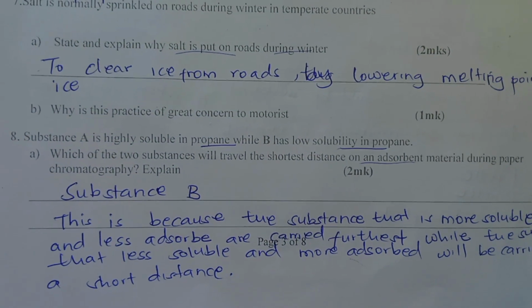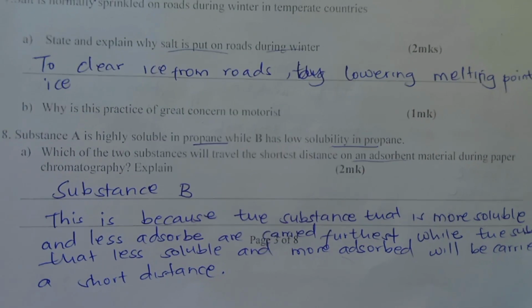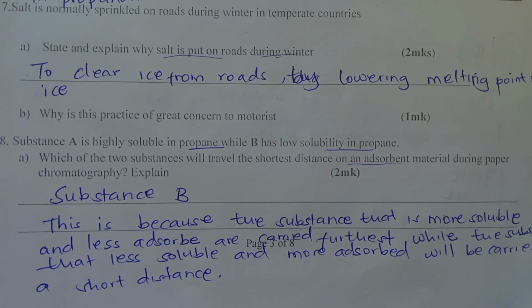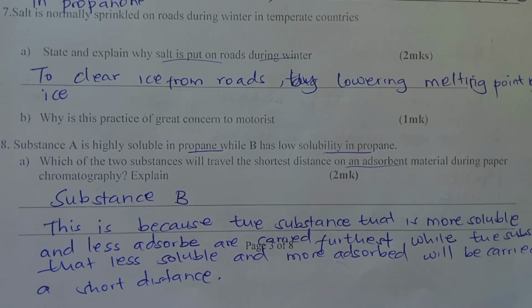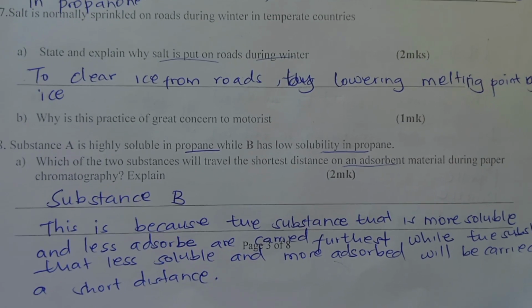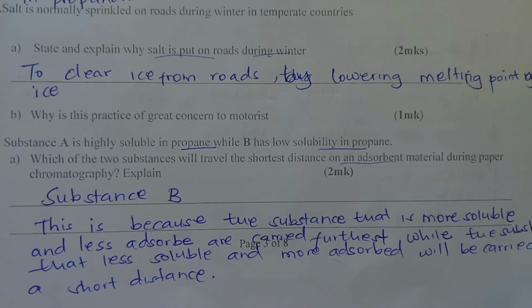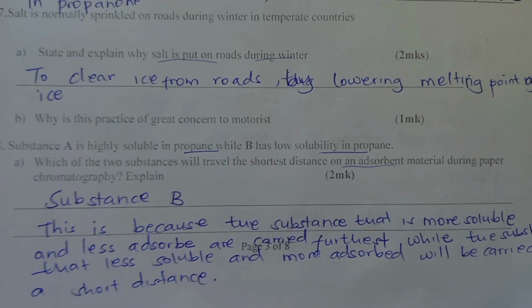Substance A is highly soluble in propanone and B has low solubility. Which of the two substances will travel the shortest distance on an adsorbent material during paper chromatography? Substance B, because it has low solubility.